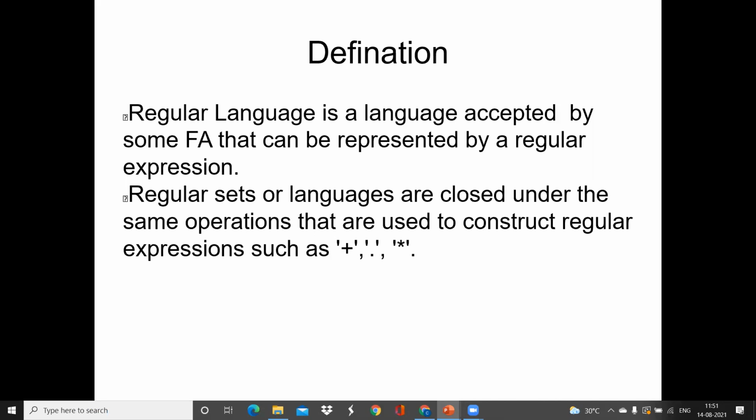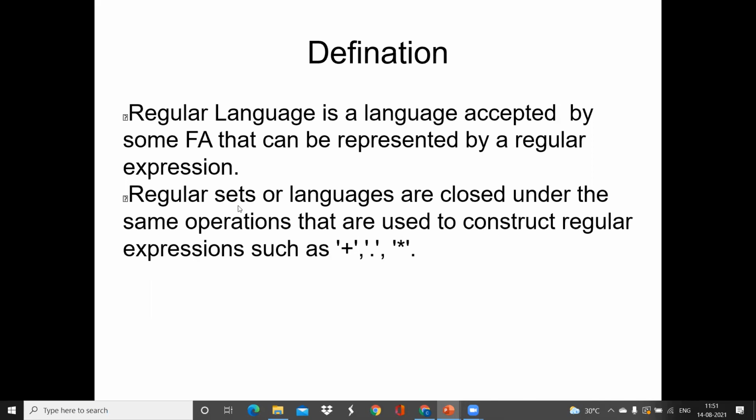So closed under the operations means when you perform any of these operations, that is this plus, dot, or star, on the regular expression, whatever you get will also be your regular language, right? So this is the meaning of closed under the same operation.